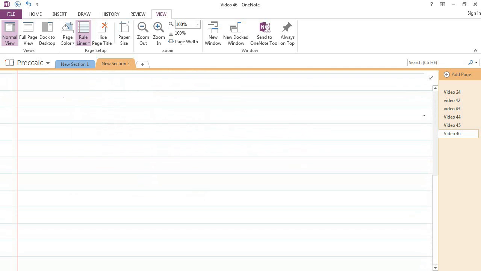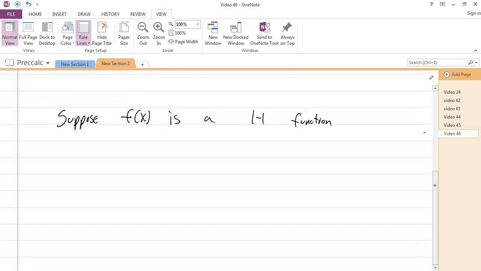Okay, suppose f of x is a one-to-one function. By the way, guys, this is the definition of an inverse.